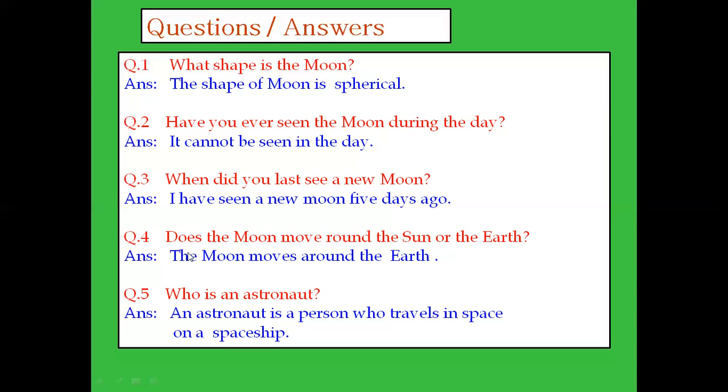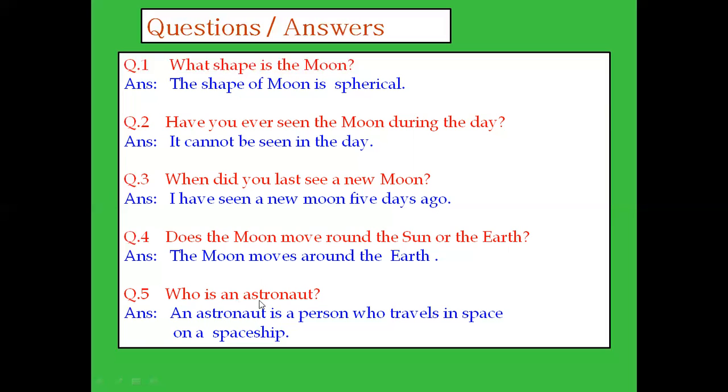Question number 4. Does the moon move round the sun or the earth? Answer. The moon moves around the earth. Question number 5.